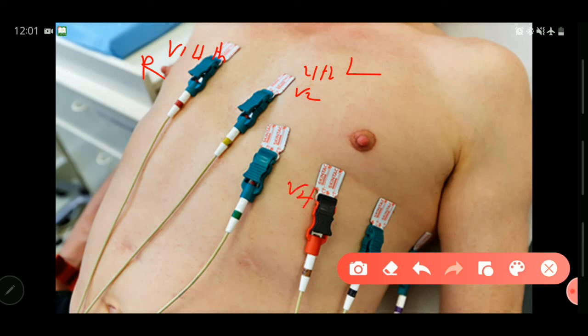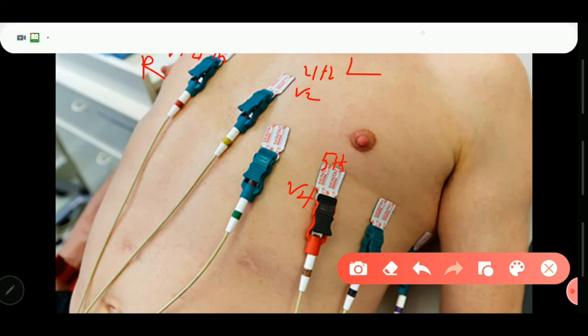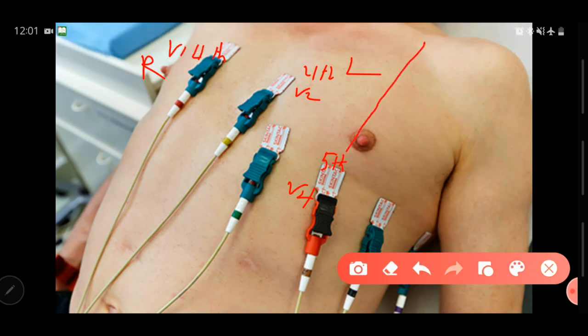That is V number 4, which you put at the fifth intercostal space on the mid clavicular line, that is the clavicle. And that is V number 3, which you put between V number 2 and V number 4. Here is the V number 6, this is the axilla, on the mid axillary line.